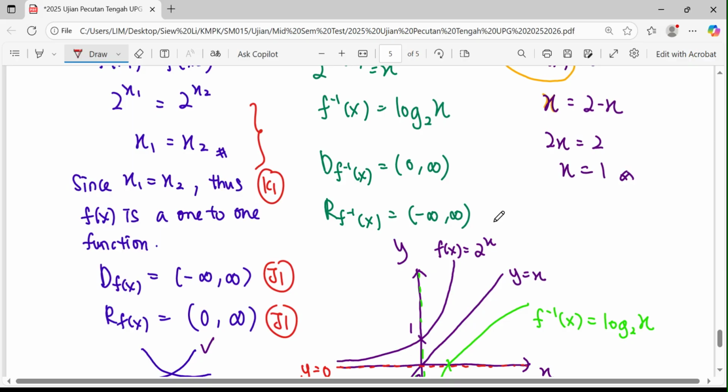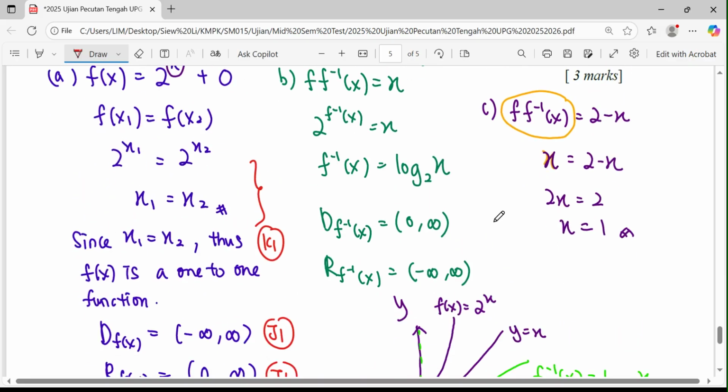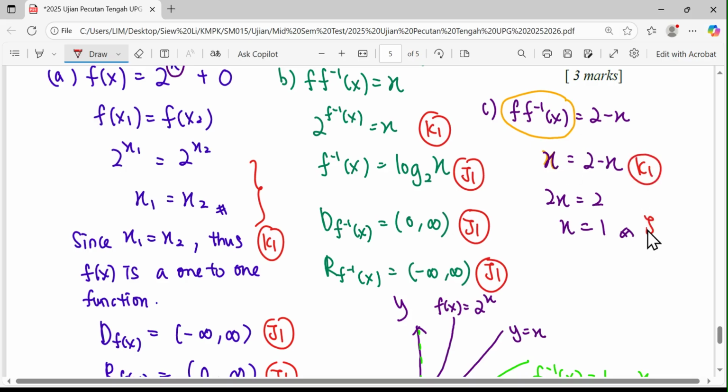Secondly, when you want to find the inverse, the concept of the composite method, and simplifying to get your inverse function, then finding the domain and range of the inverse function. All this is your answer only. Then question C is applying the concept of f inverse equals x, and getting the answer for x.